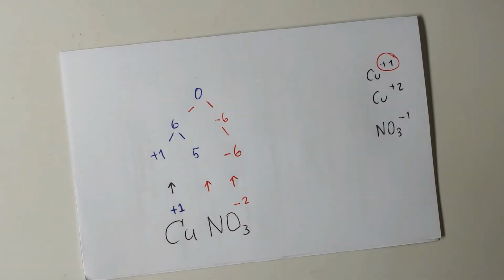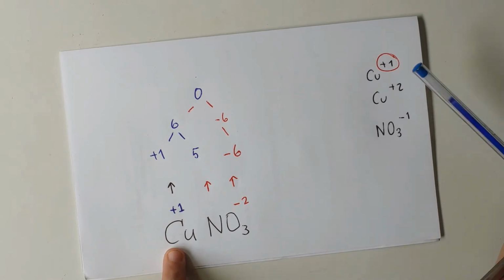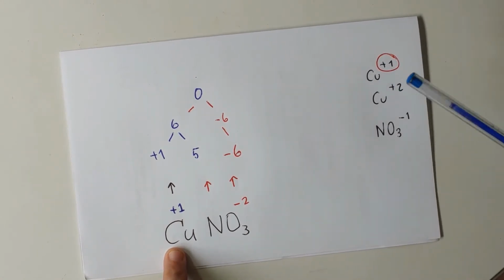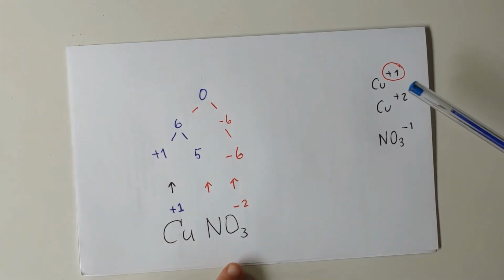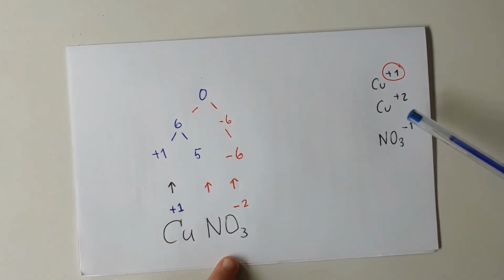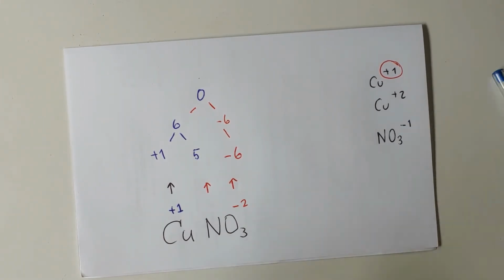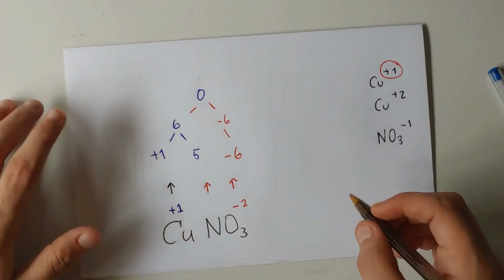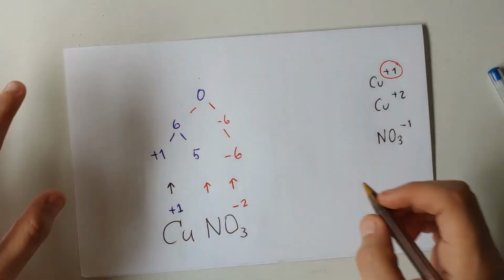Now, how do I know the charge of the copper? Because I have two possibilities, copper 1 and copper 2, and I see no crisscrossed charges, it means the charges were cancelled. And the only reason the charges can be cancelled is if they are the same number, +1 and -1.